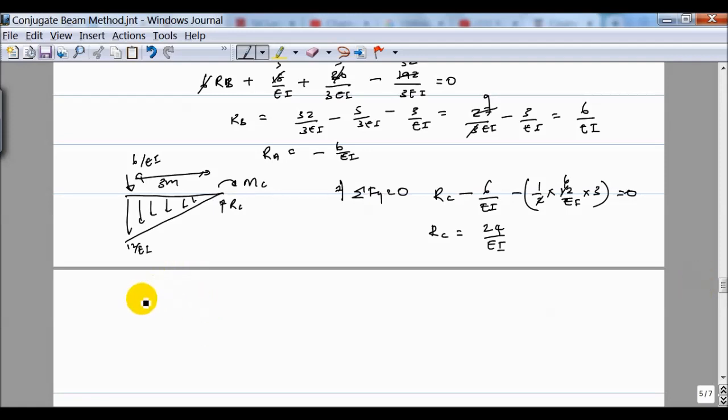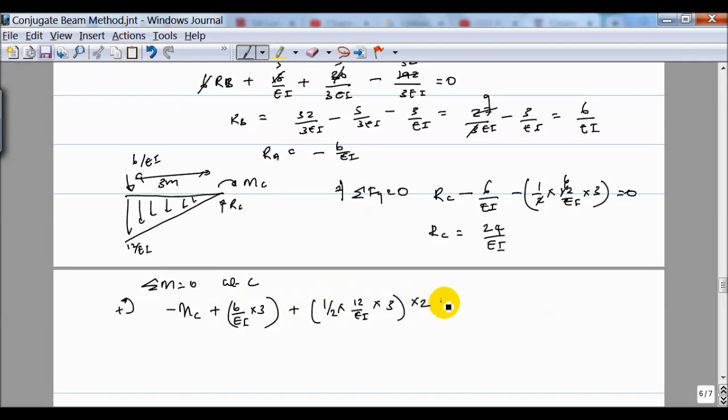Then if I take moment, if you take positive, so minus MC, sum of moment is equal to 0 at C. So minus MC, because MC I marked it as clockwise, and plus 6 over EI into 3, that is due to the point load, plus half into 12 over EI into 3 is the load, acting at 2 meters from the support, equal to 0.